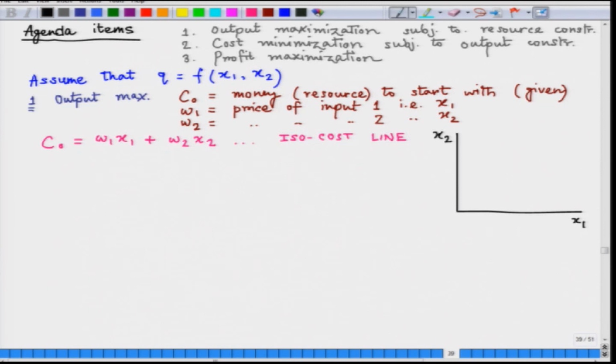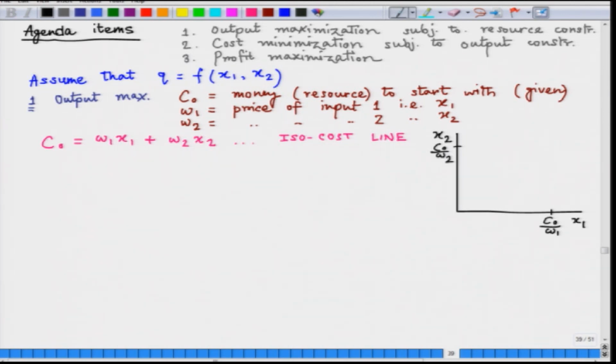So, if the entire money or the resources are to be spent on one particular input, say x1, then how many units maximum one can purchase of input 1, that is given by C naught divided by W1, right. So, similarly, if the firm wants to spend the entire amount of money only on input 2, then it can purchase C naught over W2 units of input 2.